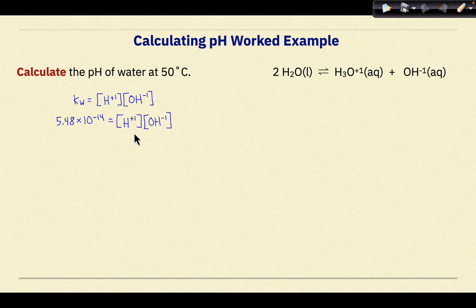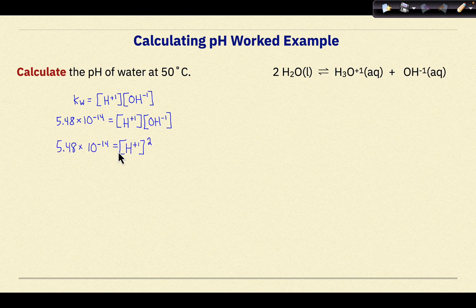Because this is Kw in a neutral solution, the concentration of hydrogen ions and the concentration of hydroxide ions are exactly the same. So to figure out pH, we need to calculate the hydrogen ion concentration. So another way of representing this is 5.48 times 10 to the negative 14 equals hydrogen ion concentration squared.